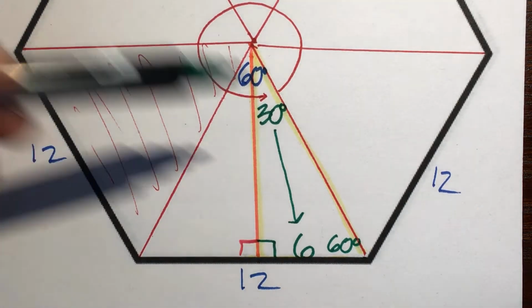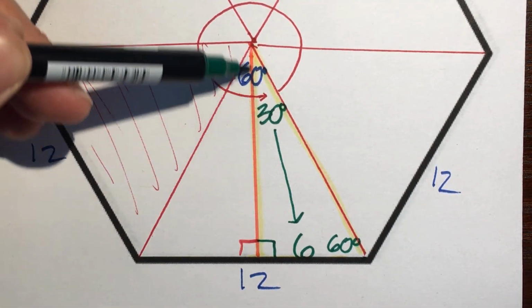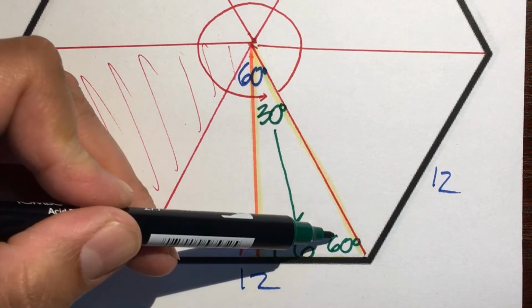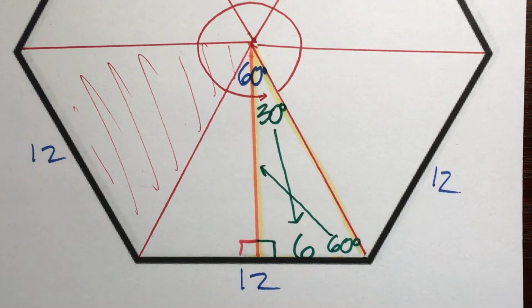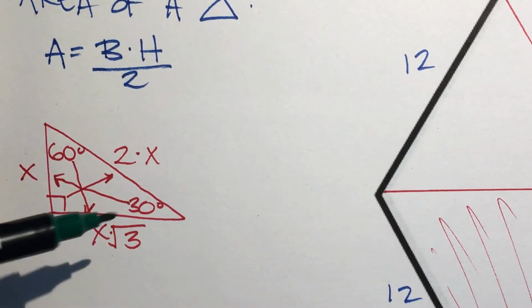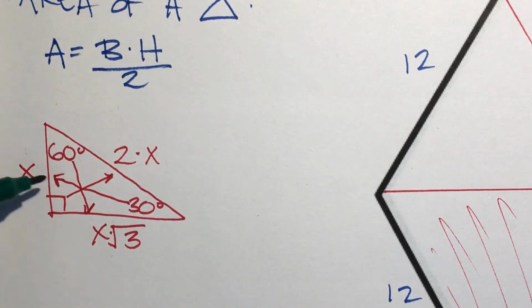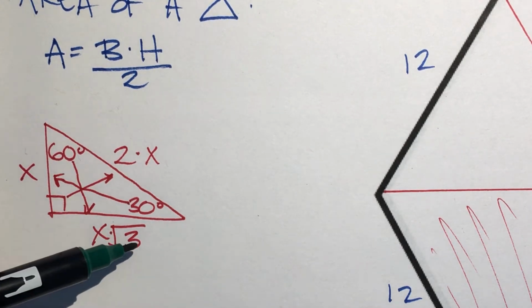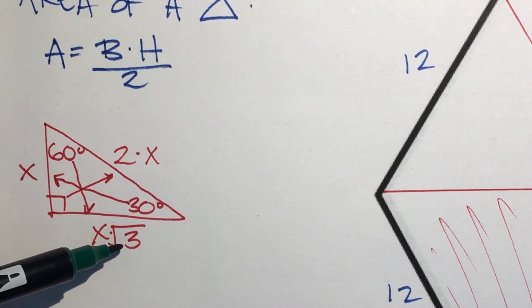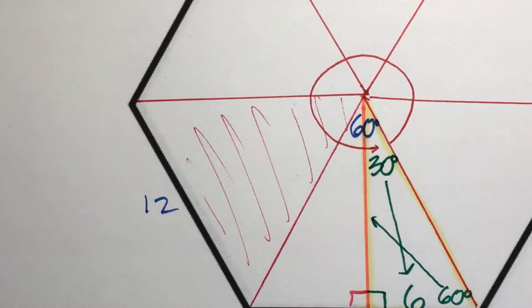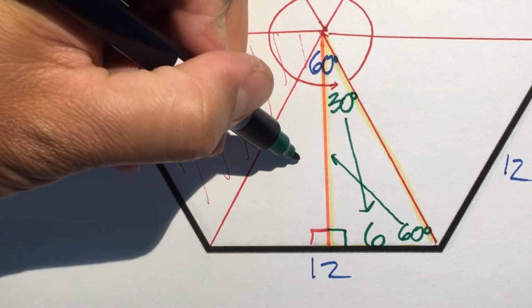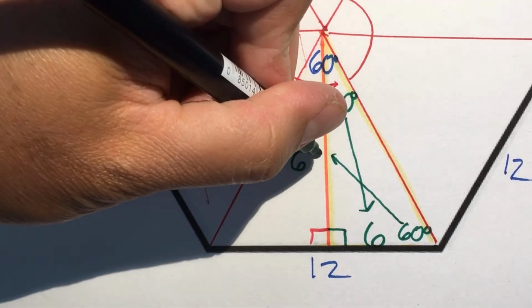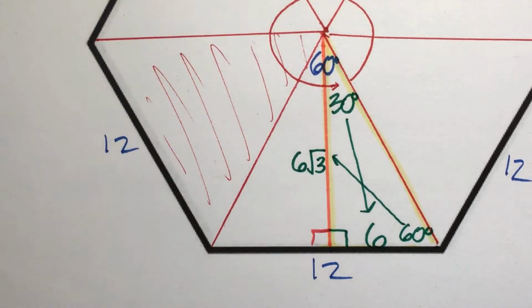We want the height right here, and because it's opposite the 60 degrees, this is the middle side. And if we remember, what do we know about the middle side, the side opposite the 60 degrees? It's just the short side times square root of 3, or radical 3. So if this is 6, this has to be 6 radical 3, or 6 square root of 3.